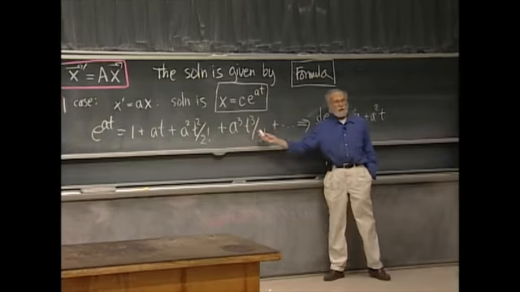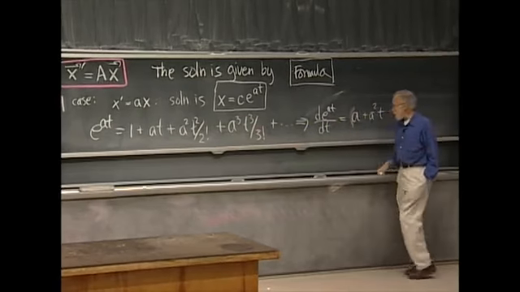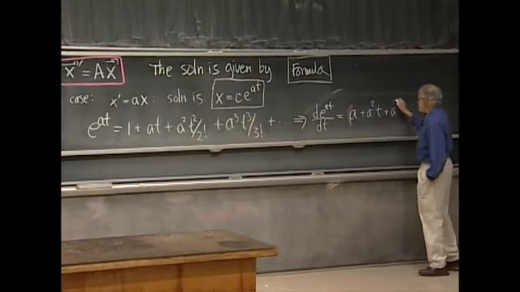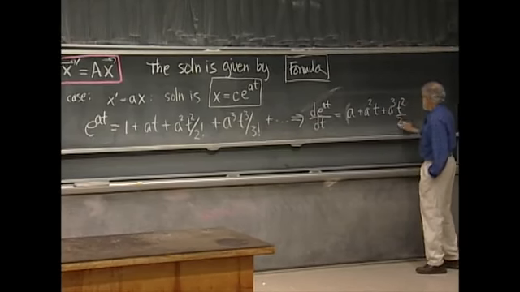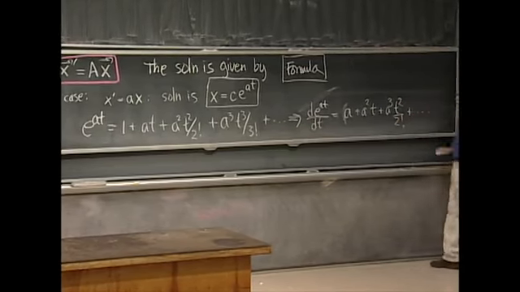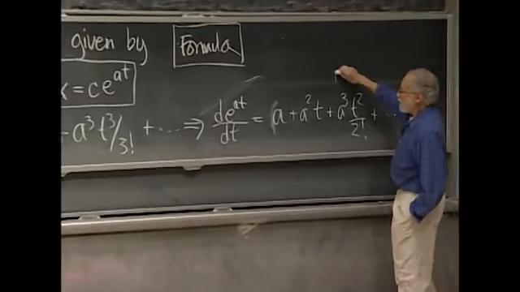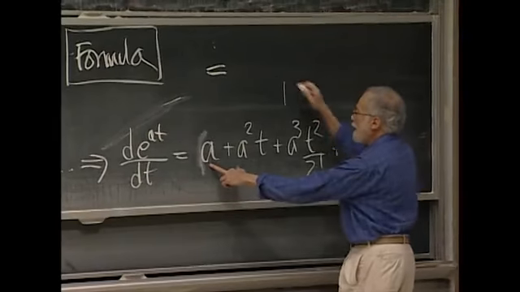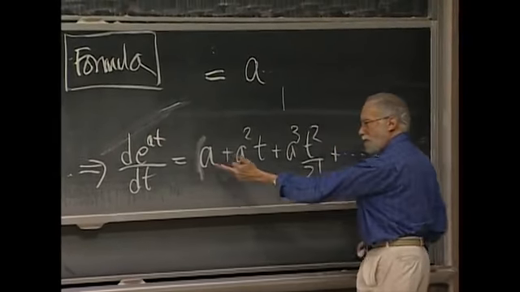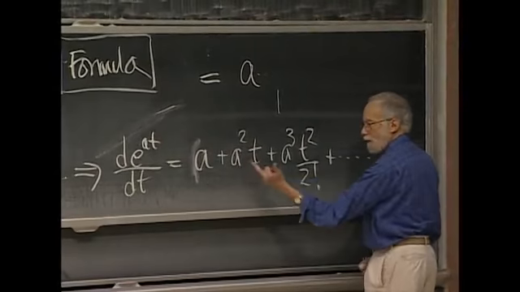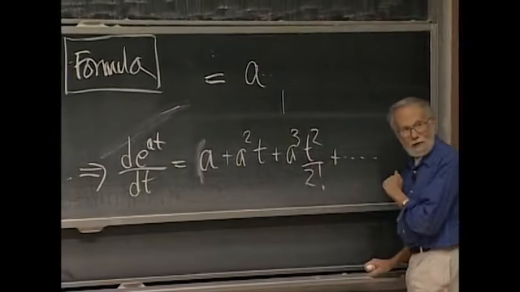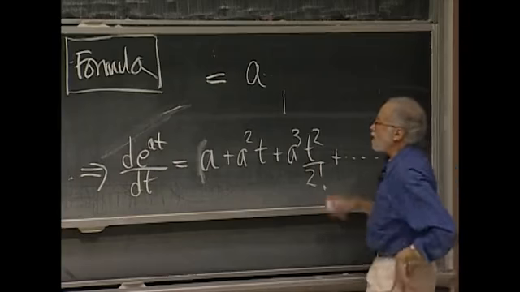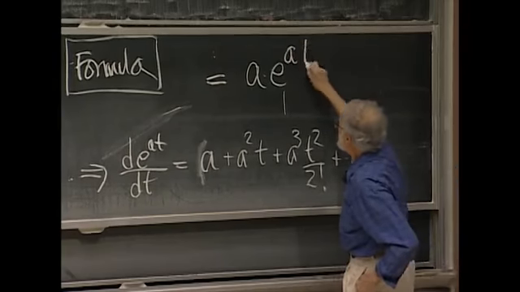This differentiates to a cubed t squared over 2 factorial. And the answer is that this is equal to a times, if you factor out the a, what's left is 1 plus at plus a squared t squared over 2 factorial. In other words, it's simply a e to the at.